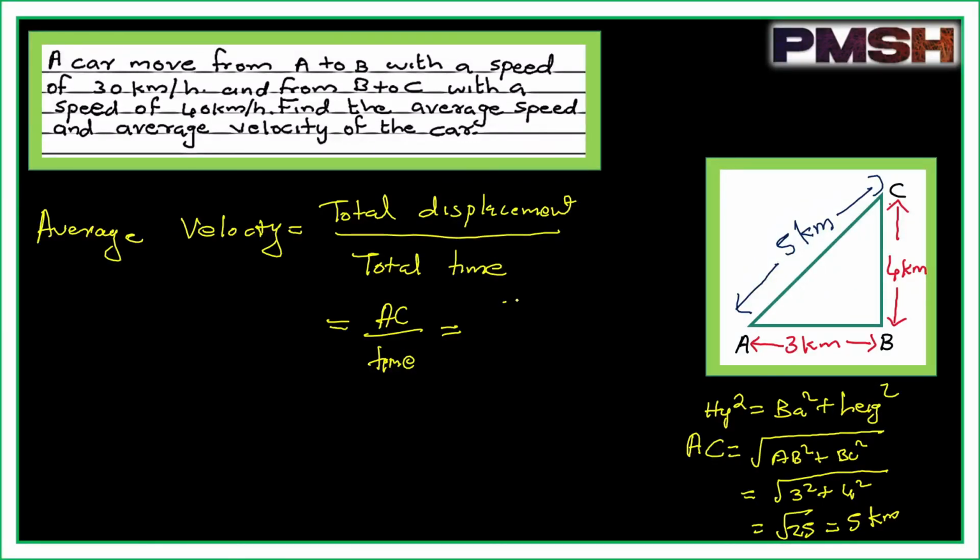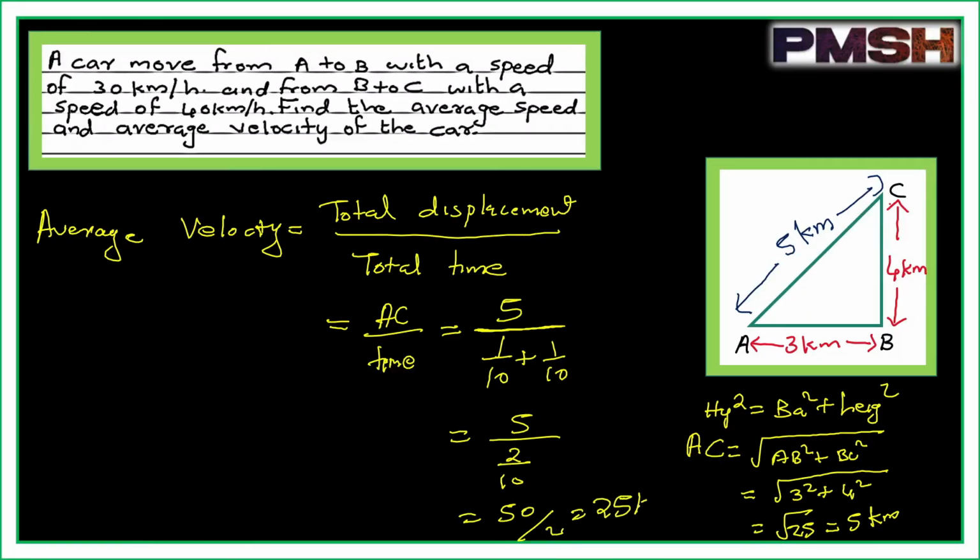So you can say that it will be 5 divided by what will be the time for the journey? 1 by 10 plus 1 by 10. So 5 by 2 by 10. 50 by 2. 25 kilometer per hour. Clear.